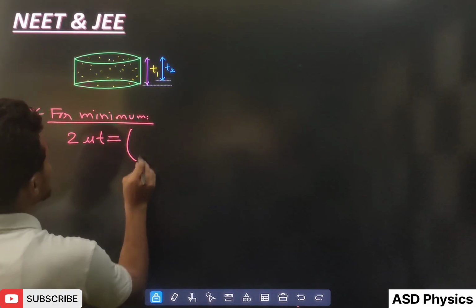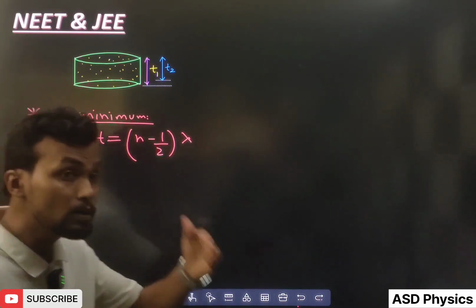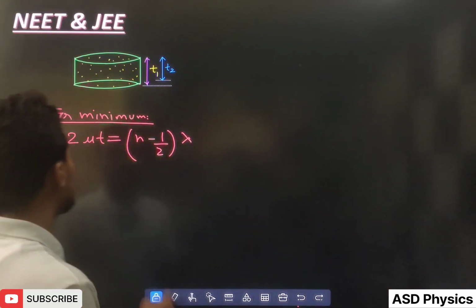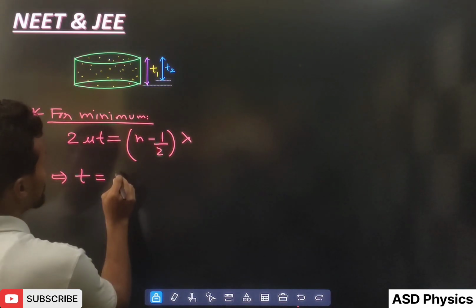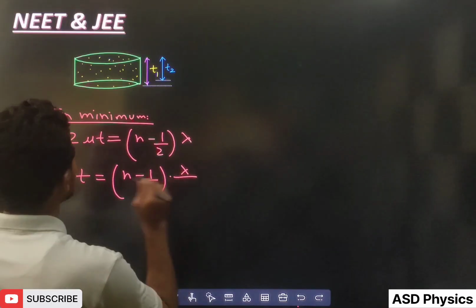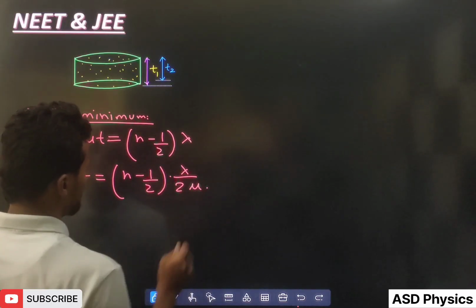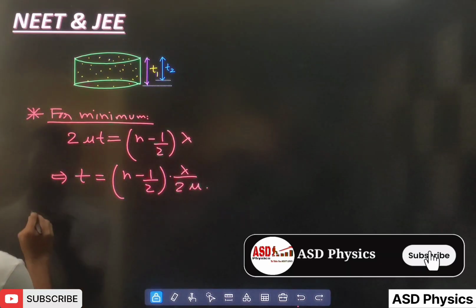So 2 mu t is equal to n minus half lambda, because we need minimum to minimum. So we'll get the value of the thickness. T equals n minus half times lambda by 2 mu.